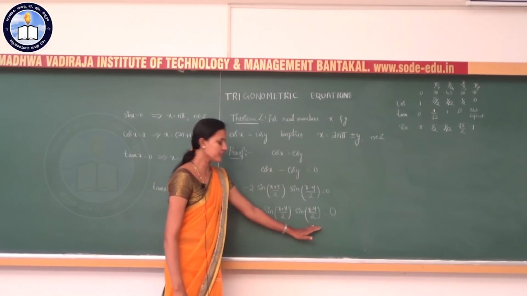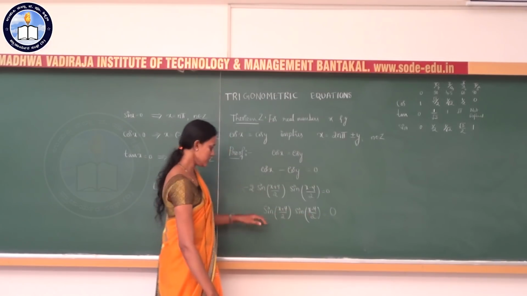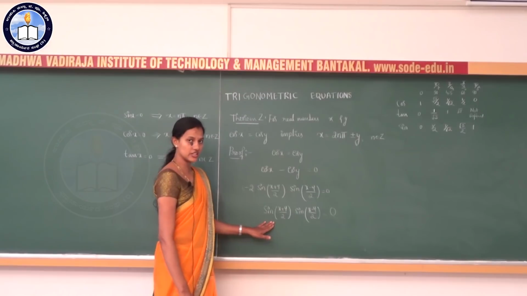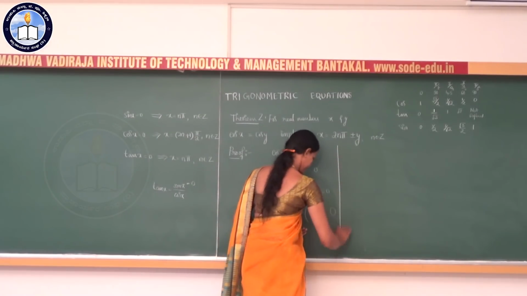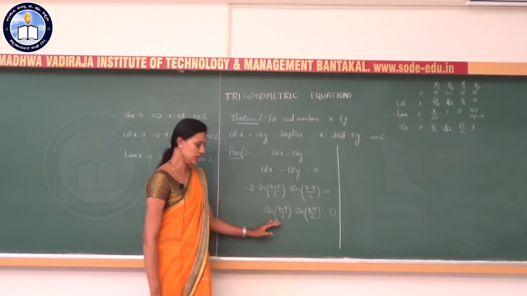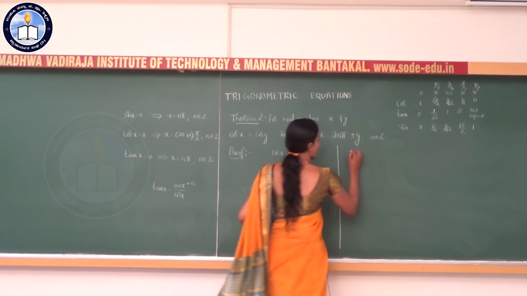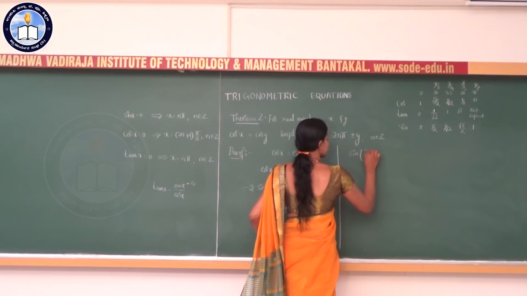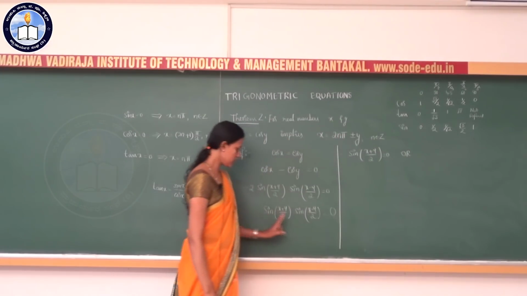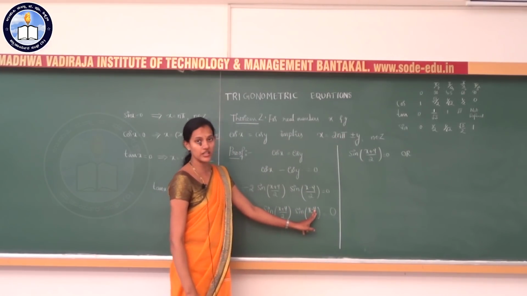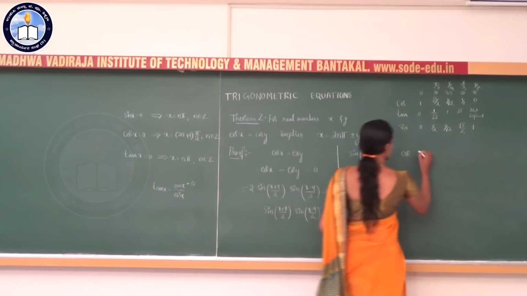So the product of two factors is 0 implies either the first factor is 0 or the second factor is 0. So here either sine of (x plus y) by 2 is 0 or sine of (x minus y) by 2 is 0.